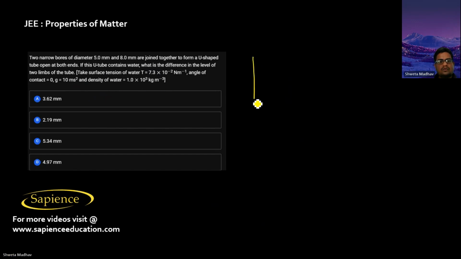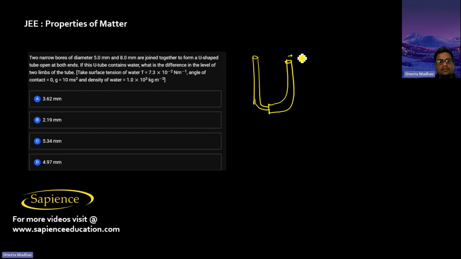So two pores are connected to form a U-shaped tube. One is having a larger diameter, and one is having a smaller diameter.